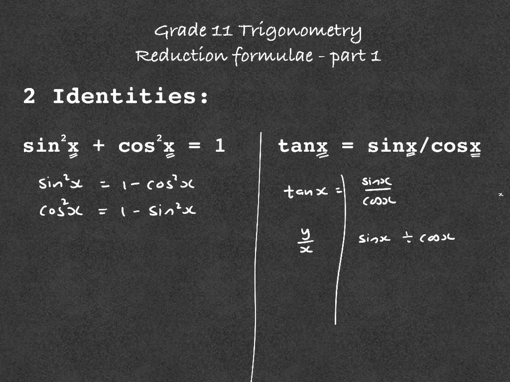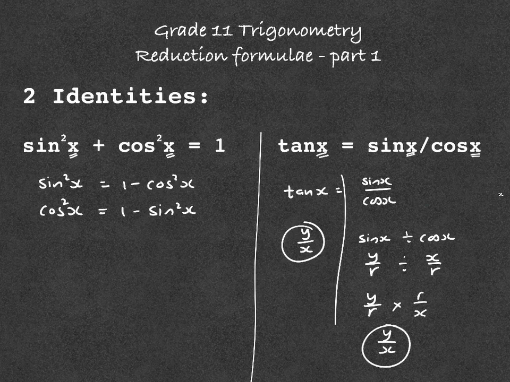Sine x is y over r divided by cos x, which is equal to x over r. So remember, if I divide, multiply with the reciprocal. So therefore you've got y over x. Do you see? Y over x, they're exactly the same. So tan x is equal to sine x over cos x, right?